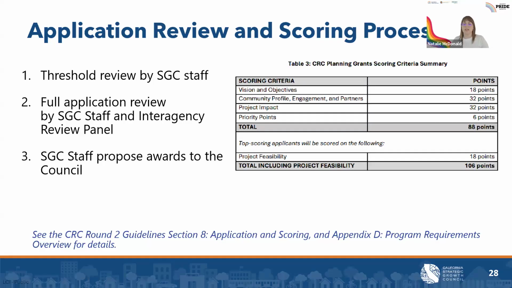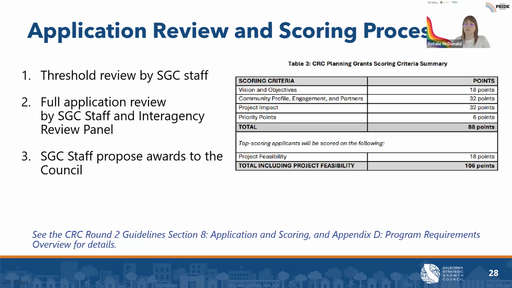So for the application review and scoring process, we've provided the scoring criteria in Section 8 of the guidelines. Be sure to read those in detail to understand how many points you can receive for each section. The application review process will involve several steps. It will begin with a threshold review by SGC staff for eligibility and general completeness, and we'll explain more in depth in the next slide.